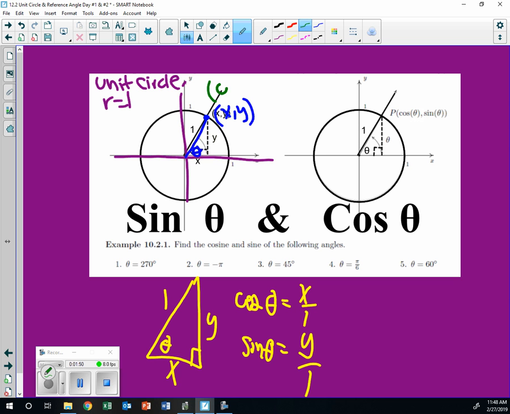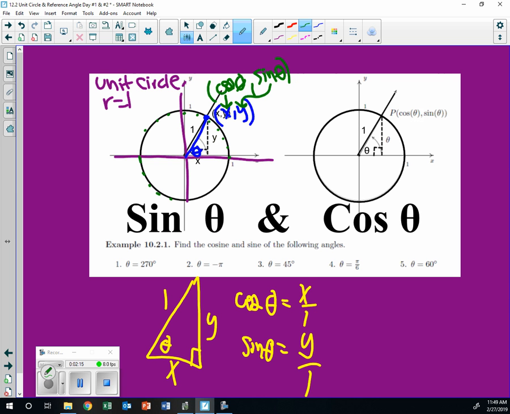You can say 1 times the cosine of theta, comma, sine of theta. So every time you're looking at a coordinate anywhere on the circle, the cosine is the x and the sine is the y. That's huge. You're going to be confused by that sometimes, but don't be.